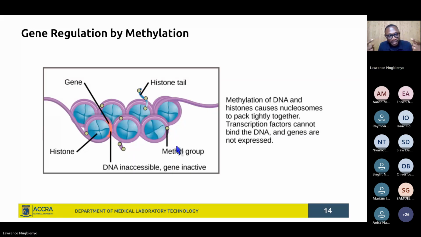So you see, the monomers in DNA are nucleotides. And the nucleotides are negatively charged. They are charged on the phosphate group. And they are being wound around proteins. And these proteins are made up of amino acids.